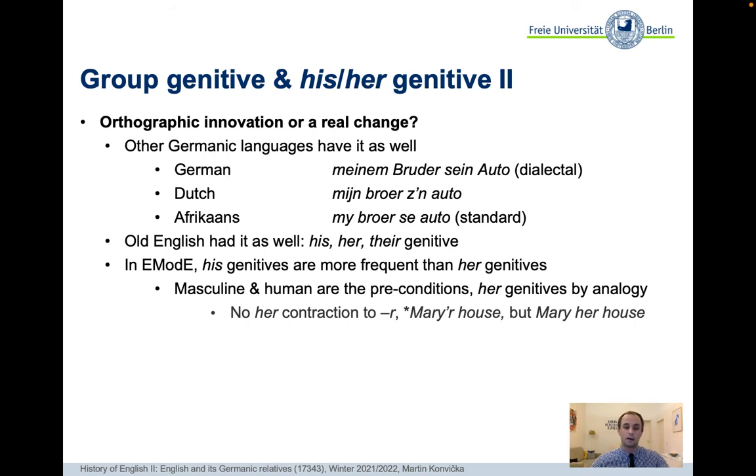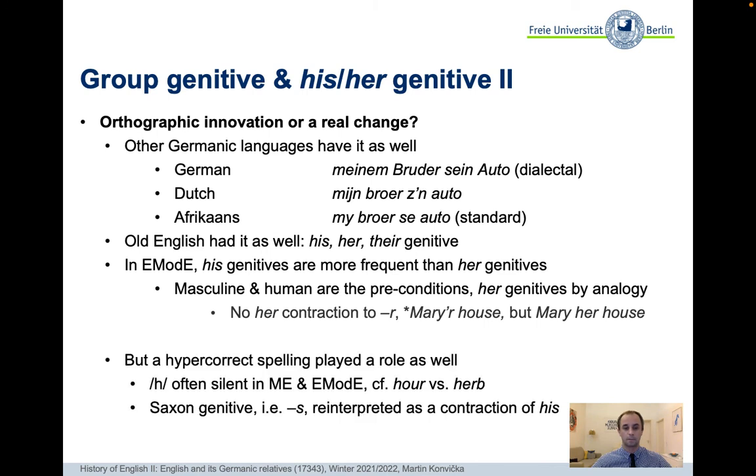So there is nothing like "marry her house" contracted, and you can't argue that the 's in John's house would be "John her house", right? So the 's clearly favors the his genitive. But her genitives also exist, and they are probably constructed in analogy to his genitives.